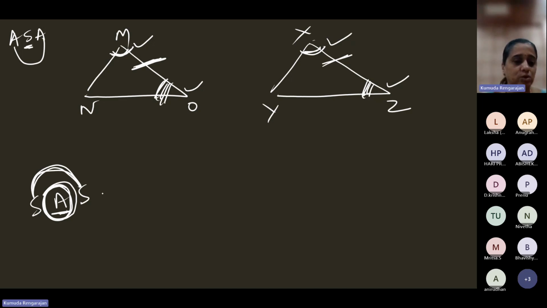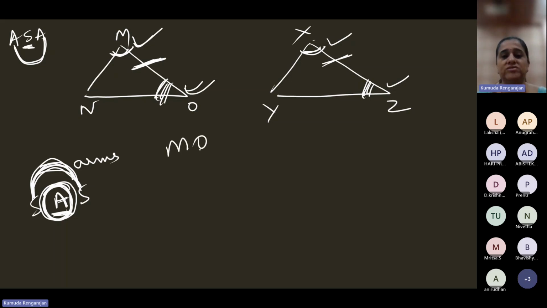For this angle, these two sides should be the arms. Now this is two angles and the included side. So angle M, angle O: MO is the included side. Angle X, angle Z: XZ is the included side.